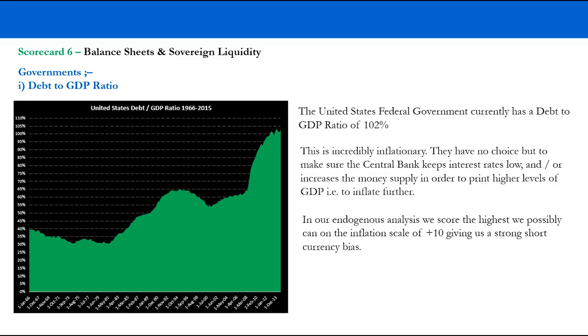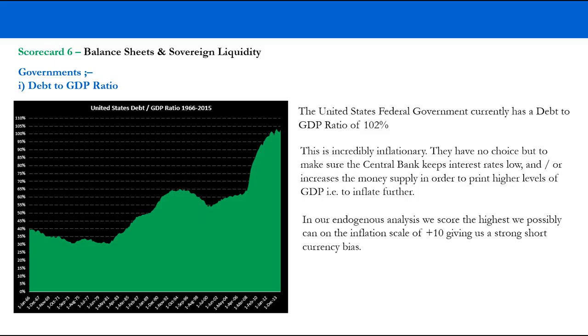So this idea that you can inflate GDP to levels which are increasing at a rate higher than your spending as a government. So you're spending more than the tax receipts that you're receiving, but your outstanding debt is increasing and decreasing as a percentage of GDP.